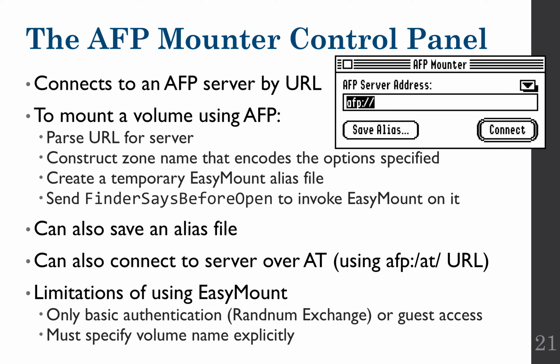It uses the IP address or domain name for the server, and it uses whatever volume name you specified. And then just send a Finder says before open message, which tells EasyMount to open this alias, and that will invoke EasyMount, and it does the actual process of mounting.